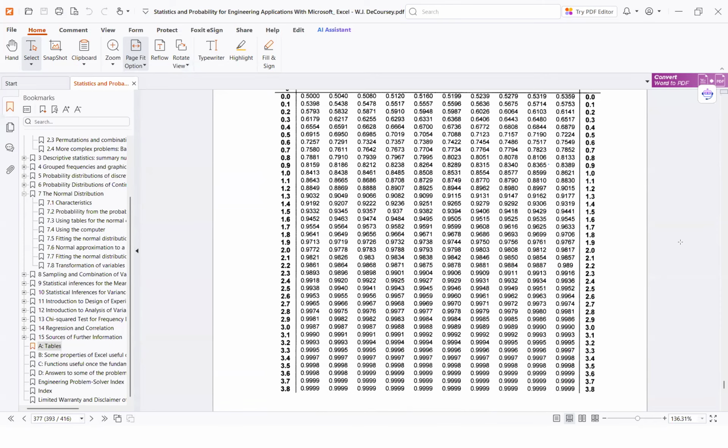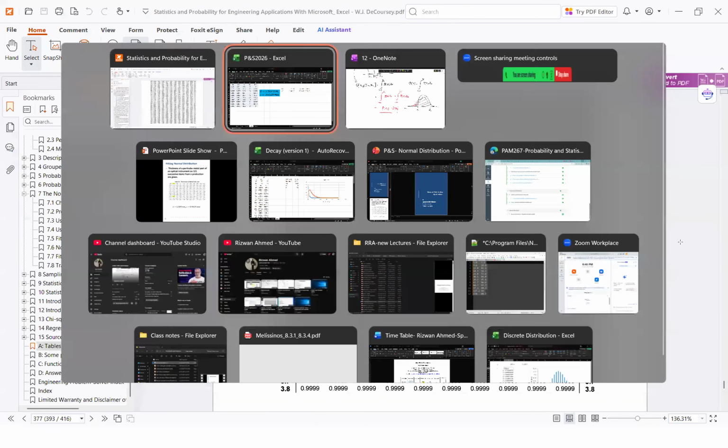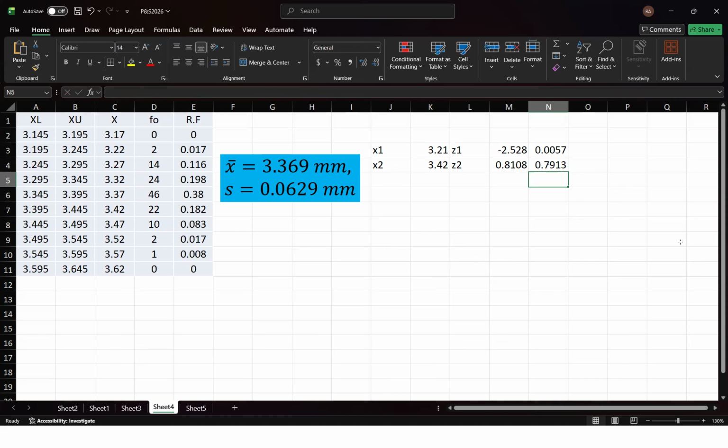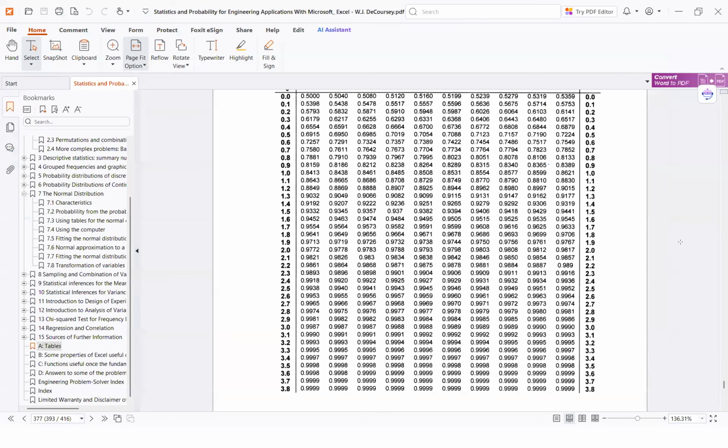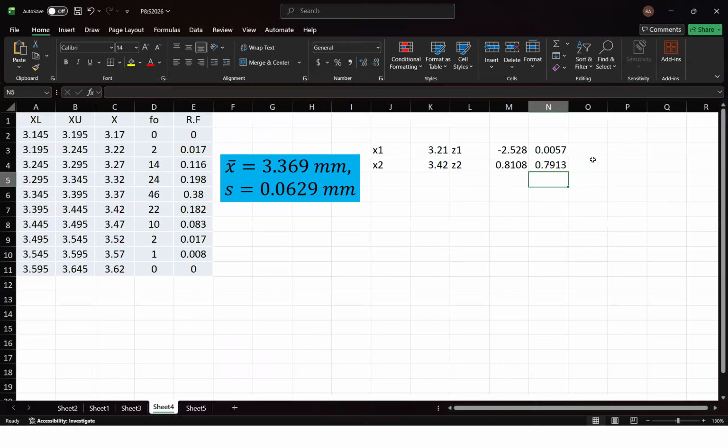So 0.79. I have to see the probability against the z2 value, which is 0.81.